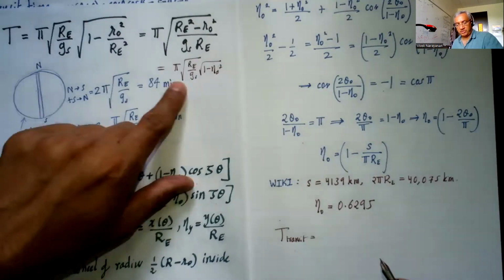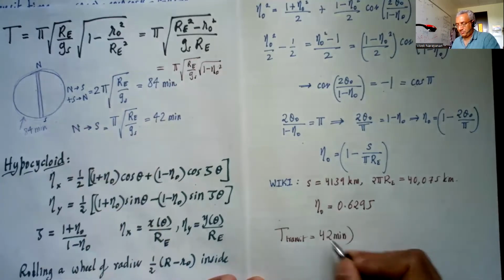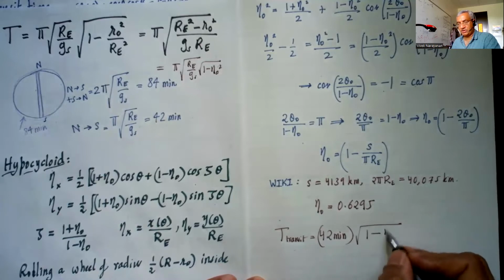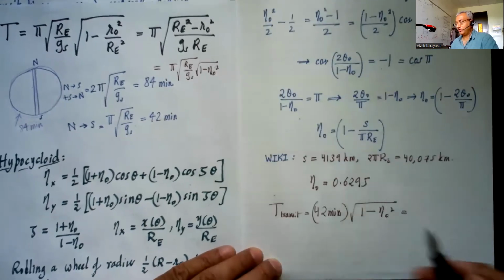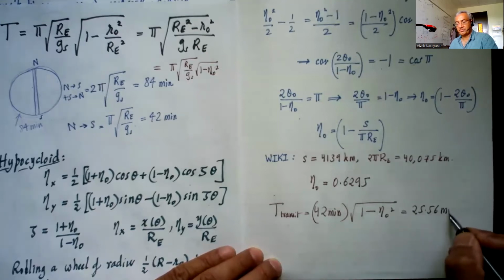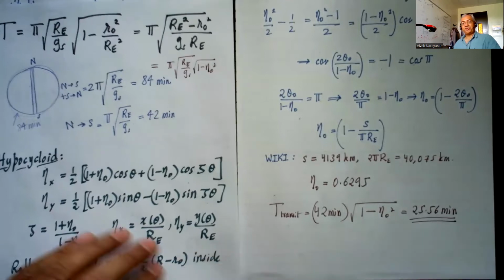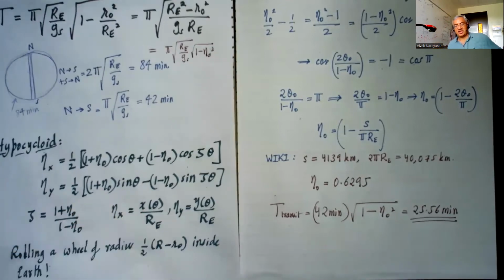Well, this I already know. That's 42 minutes. So this is 42 minutes times the square root of 1 minus eta naught squared. So if you work that out with eta naught equal to that, you're going to get 25.56 minutes. Pretty impressive. You get from New York City to Los Angeles in less than half an hour.